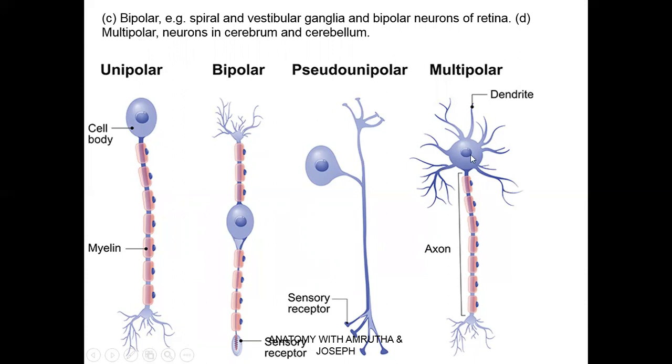Multipolar neurons, as the name suggests, have a lot of cell processes coming from different poles of the cell body. There are dendrites, axons, and so on. They are seen in the cerebellum and the cerebrum.